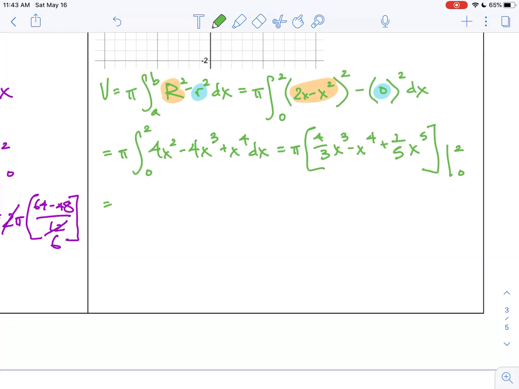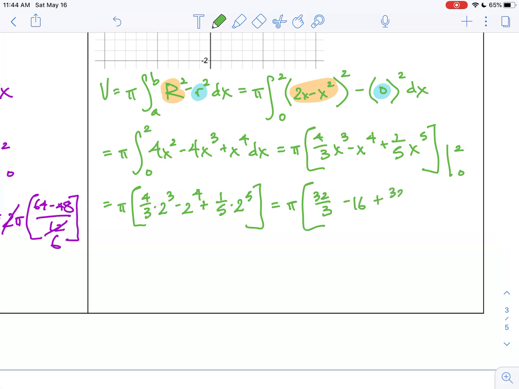All right, now I'm going to do a visual check. I notice that if I plug in 0, everything will go to 0, so I don't have to write it. That will leave me with 4/3 times 2 cubed minus 2 to the 4th plus 1/5 times 2 to the 5th. That will give us pi times 32 over 3 minus 16 plus 32 over 5.